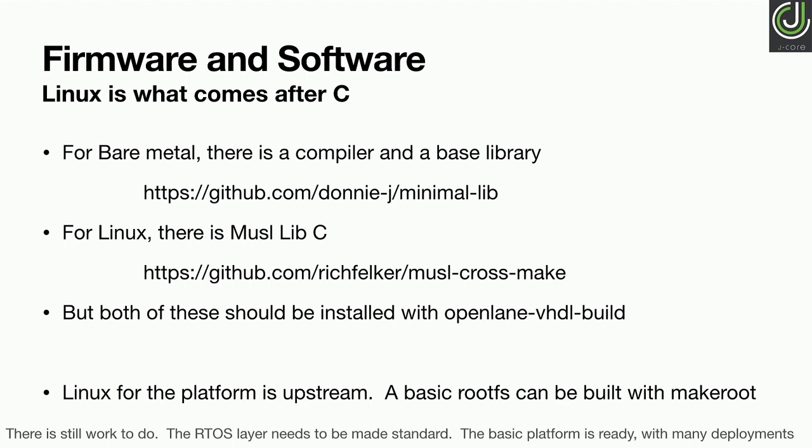And on the software side, there's two ways to go. We often say that Linux is what comes after C, right? Like if you want to build a device that talks to the internet, you really are talking about Linux these days. So that's the second flow. For that, there's musl-cross-make. By the way, it also comes with the OpenLane flow that we had in the previous one. And for bare metal, you want to use what's called minimal lib.